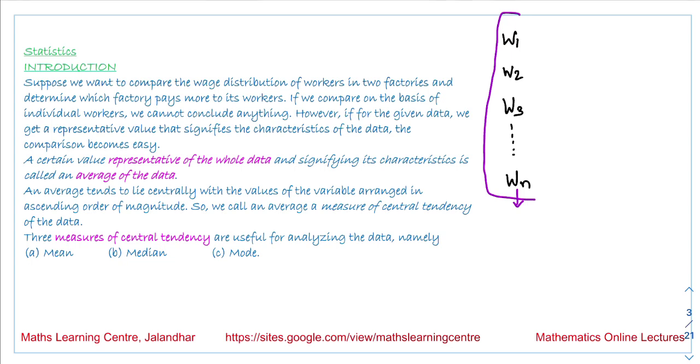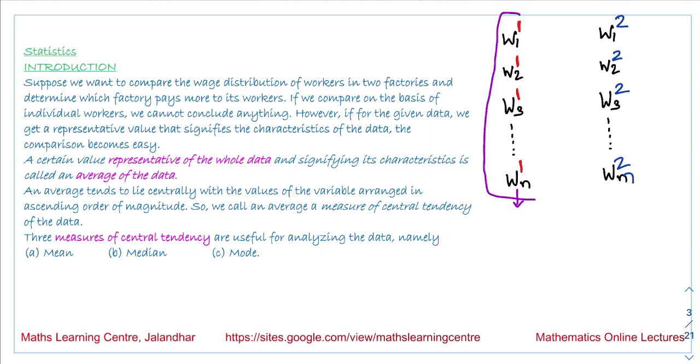W1, W2, W3 and so on Wn are the wages of the workers working in factory 1, and suppose we have the wages W1, W2, W3, Wm. These are the wages of the workers of the second factory.